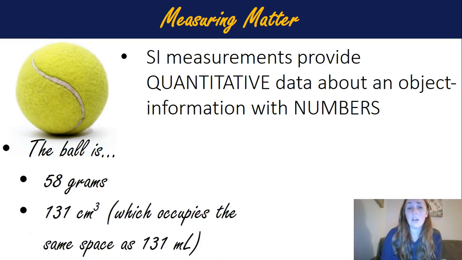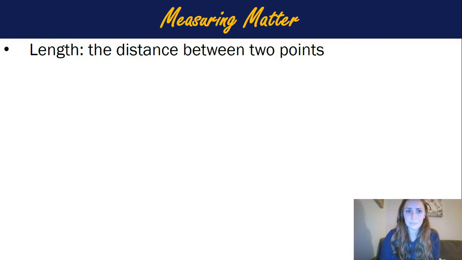I might say it's 131 cubic centimeters or 131 milliliters. But one thing I wouldn't say is yellow. So today's whole lesson is all focused on how to take number measurements of something, quantitative. Versus if I was talking about this being yellow, that would be a qualitative, describing the quality of something.